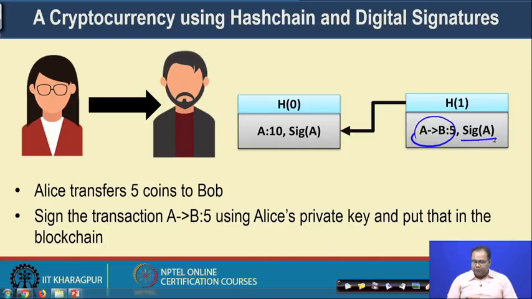Whenever Alice puts her own signature, again Alice will not be able to deny later that she has not transferred 5 Bitcoin to Bob, and no one else will be able to claim this particular transaction.